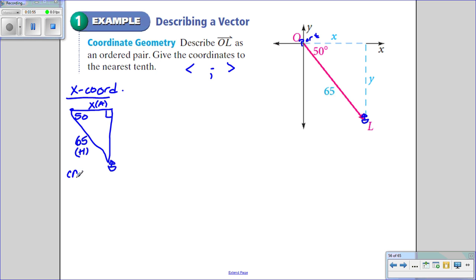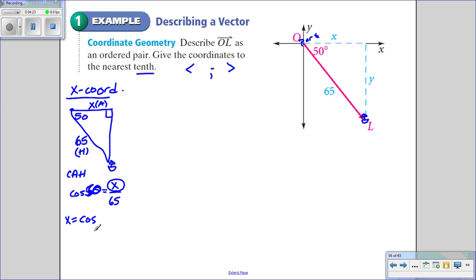CAH is the cosine part of our SOHCAHTOA. So it would be cosine of the angle equals adjacent x over hypotenuse 65. When x is up high, we multiply. So the coordinate for x, rounded to the nearest tenth, would be cosine, I'm sorry, not 65, cosine 50. That's our angle, my fault.